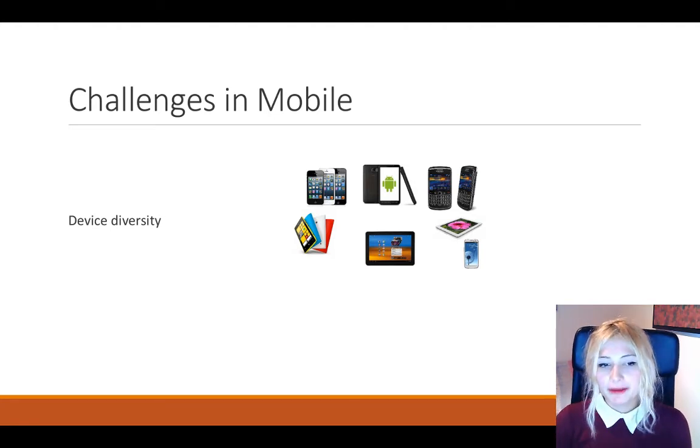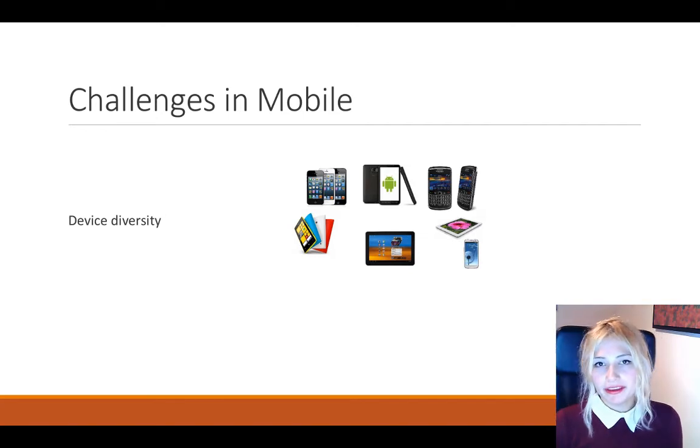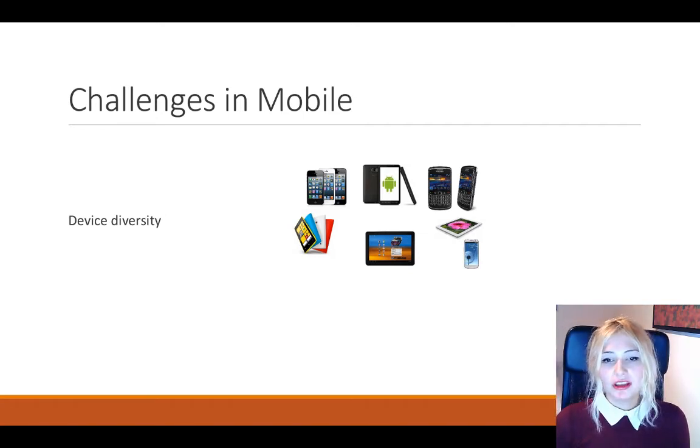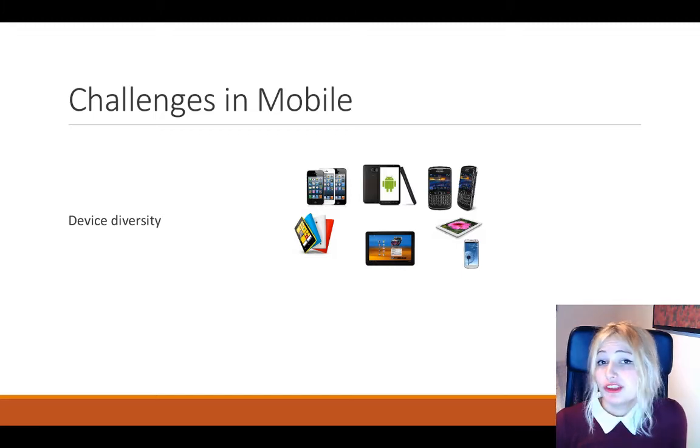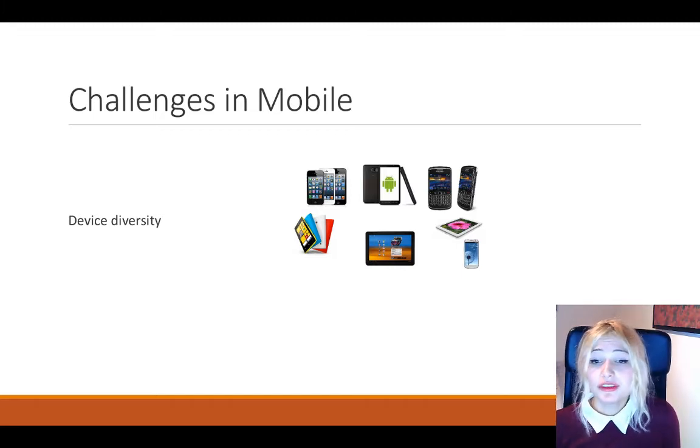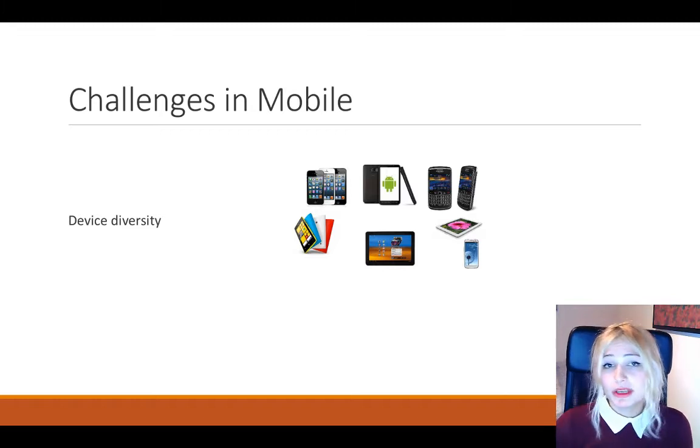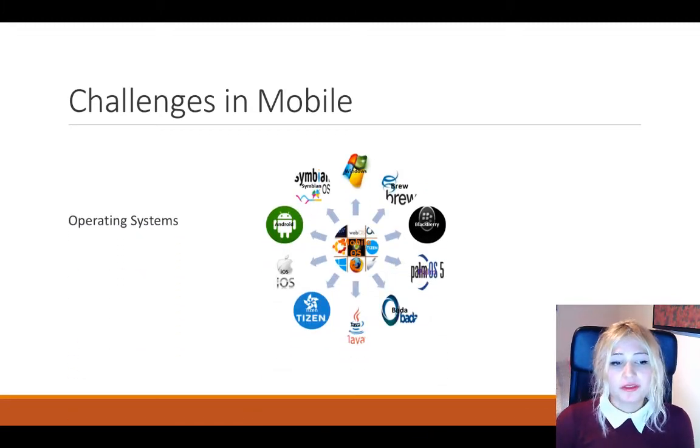If you have a banking application, you cannot afford to miss even one transaction because it's really important. And if you lose data when rotating your phone from the vertical view, it could be a very big problem.